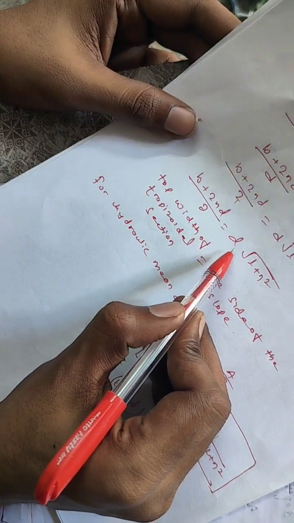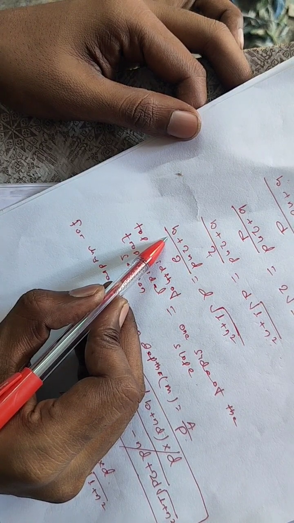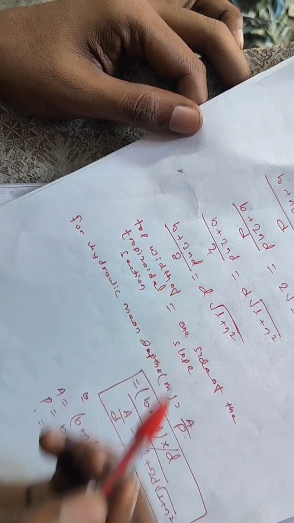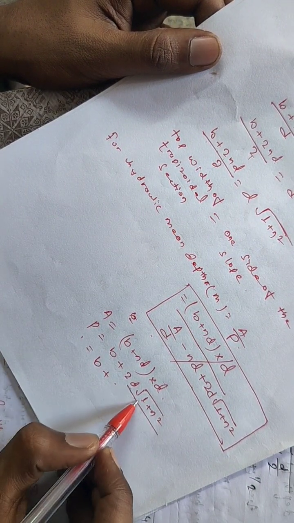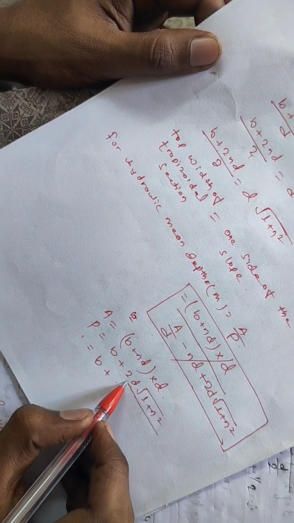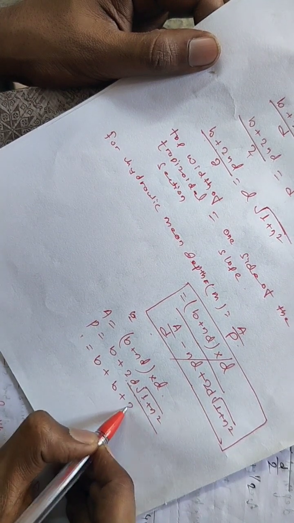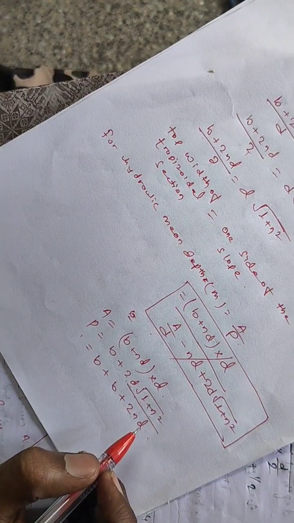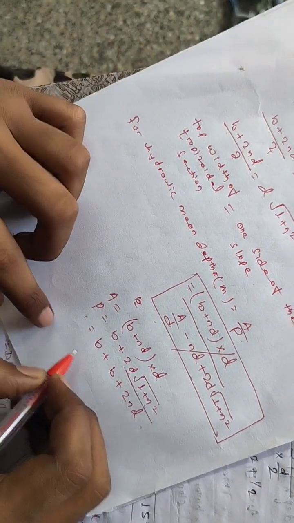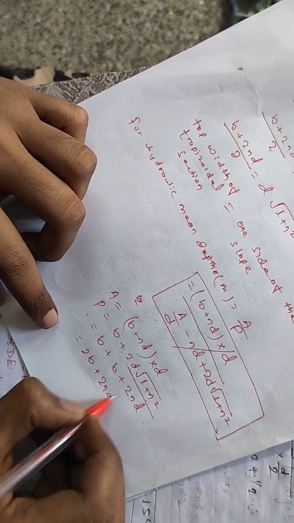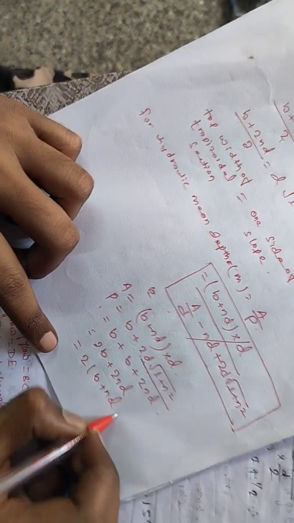If you see the side slope, this is D root under 1 plus n square, which is equal to B plus 2nD by 2. Instead of D root under 1 plus n square, if you write that, then 2 times B plus 2nD by 2 gives 2B plus 2nD. 2 take common, B plus nD becomes.